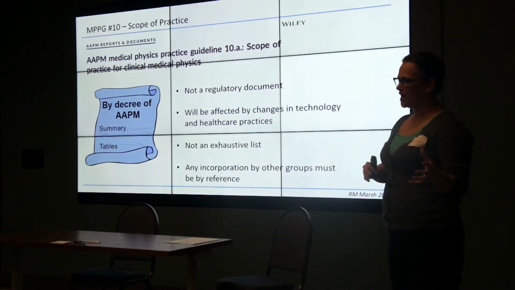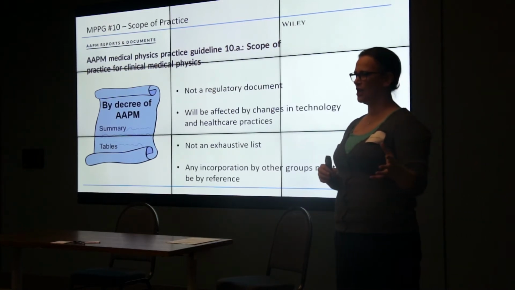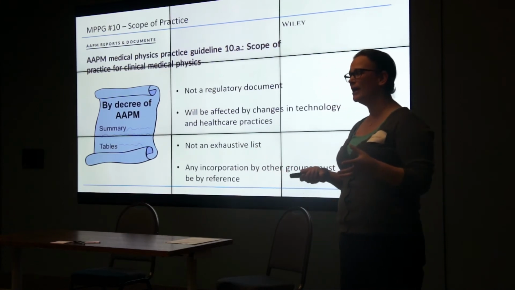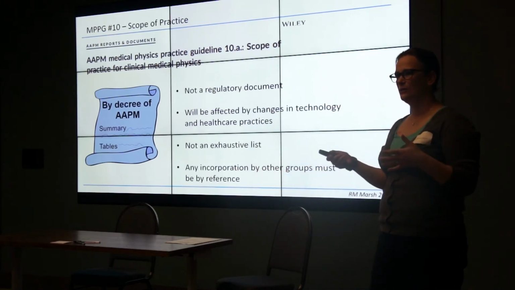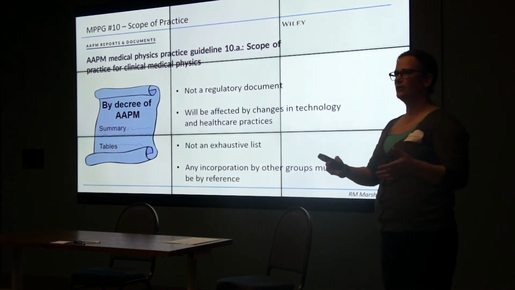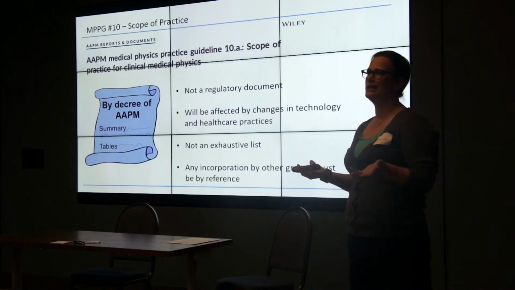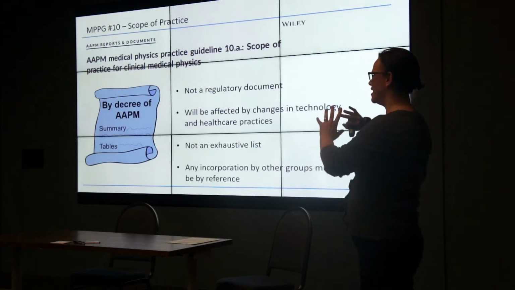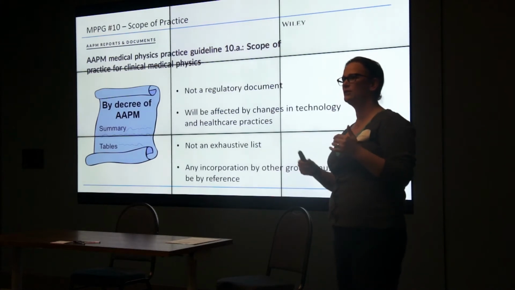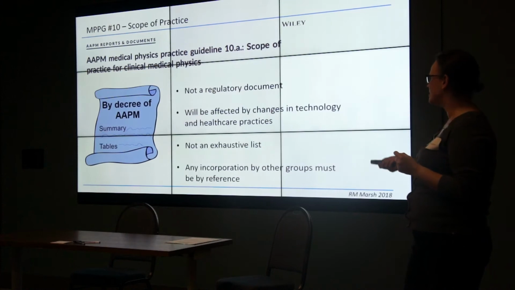And then there was the other side that said, hey, if we are actively encouraging what these regulatory bodies are going to do, is that really the stance that we want to take? So what it says right now in the document is that if it's adopted by regulatory agencies, they reference this document itself instead of picking bits and pieces out of it, partly because we know this document is probably going to have to be changed over time to adapt to practices.